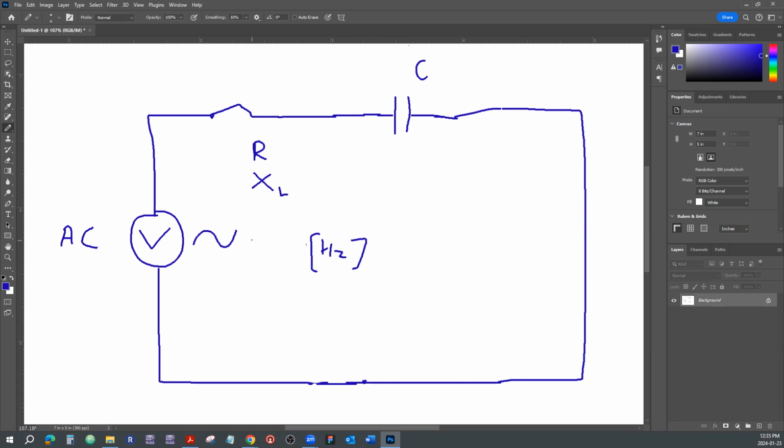Let's see, AC with 0 hertz. There's no change. Capacitor loves change, but there's 0 hertz. So I'm not conducting, I'm not talking to you, the capacitor says. All right, let's give it 20 hertz.